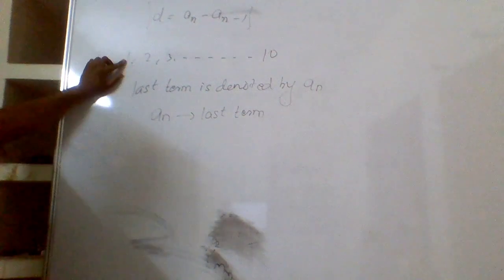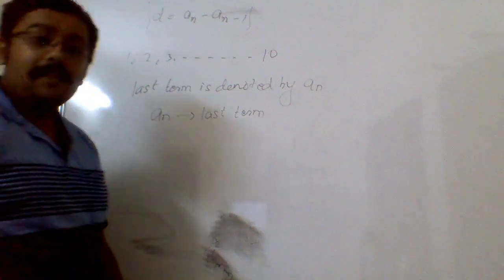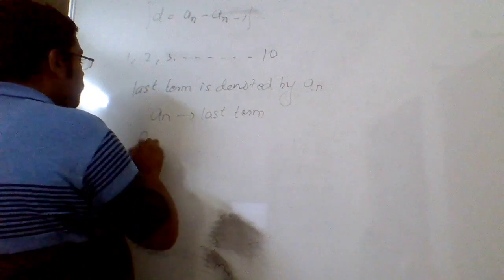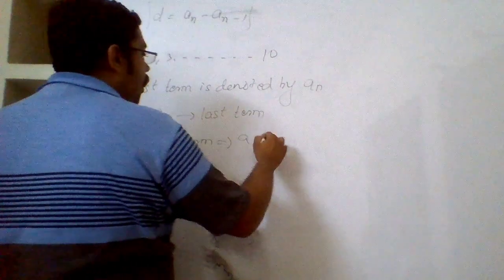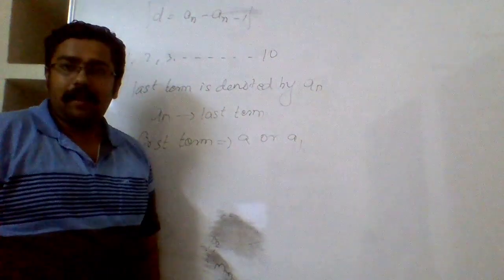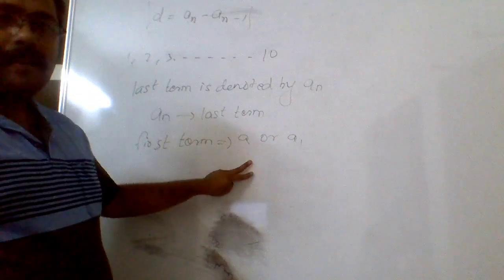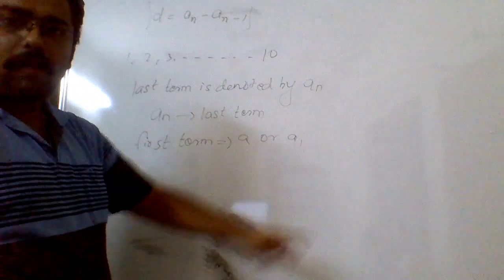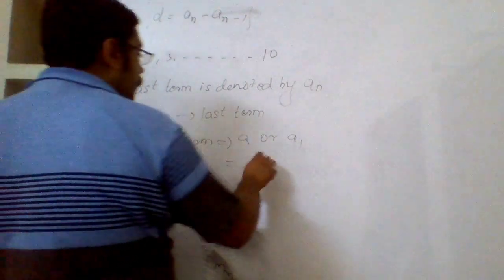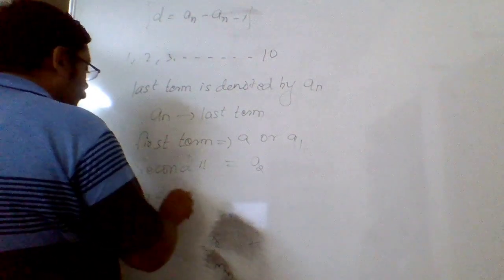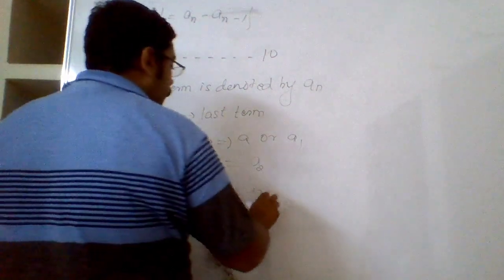Then 1 is called the first term. So the first term is denoted by A, or A1. Anything you can take. Then the second term can be written as A2. Third term can be written as A3. So on.